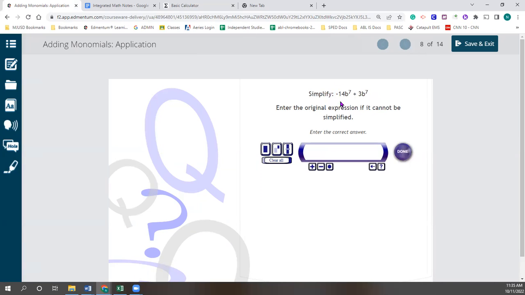Now simplify negative 14b^7 plus 3b^7. So they're like terms. 14 plus 3 is 17b^7. I got to make it exponentable.